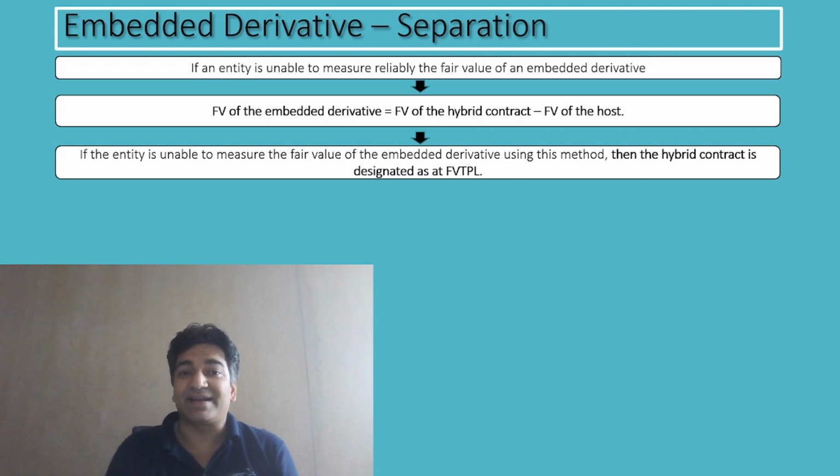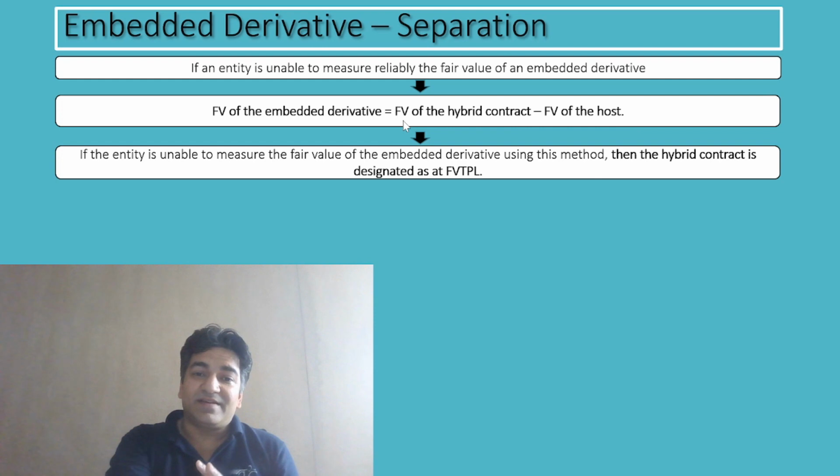So what exactly will be the value of my embedded derivative? If an entity is unable to measure reliably the fair value of an embedded derivative, then we will first see what is the fair value of the hybrid contract. Then we will see what is the fair value of the host contract.